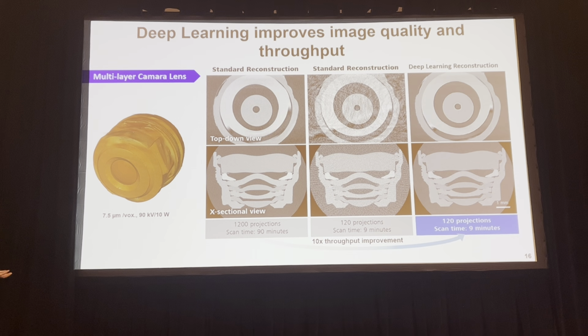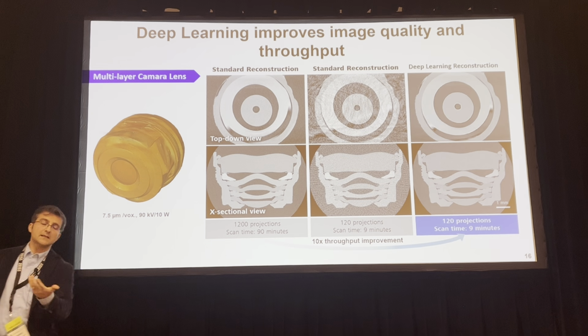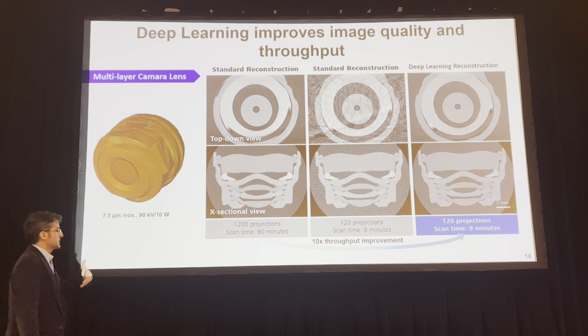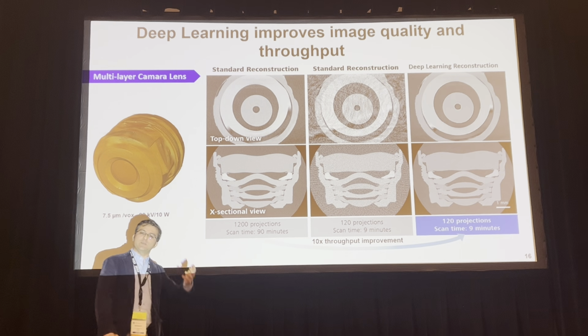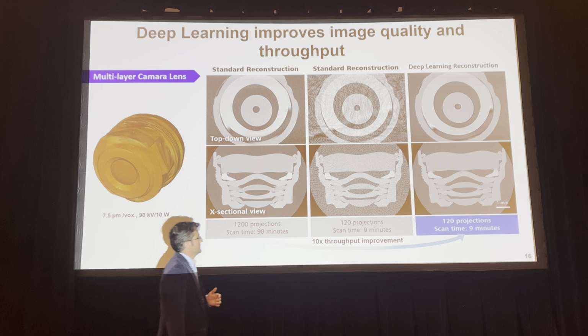There are scans that are a little shorter, and this is the example of the camera device. You see here that this one took 90 minutes to collect with the standard reconstruction, and if we try to reduce the projections to 120 and scan with 9 minutes, you see a lot of artifacts that hinder what is inside of the data, especially the reconstruction of the surfaces in this device, which is very important for dimensional metrology.